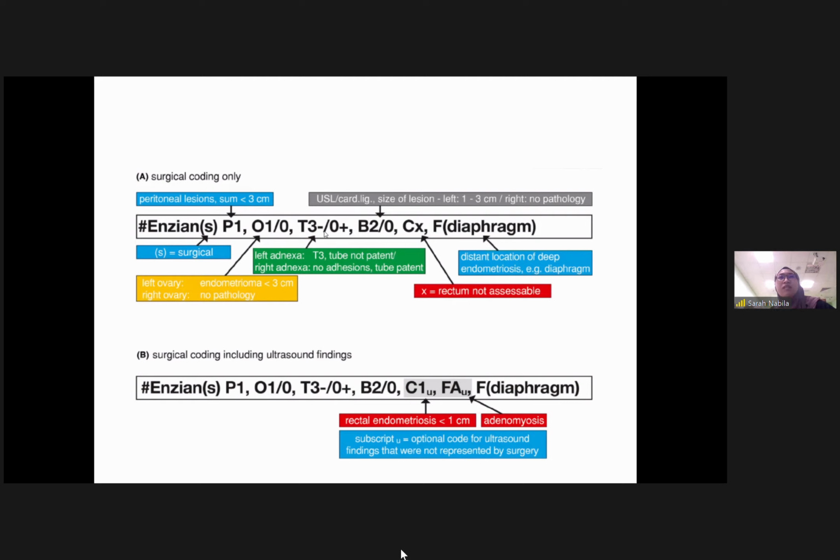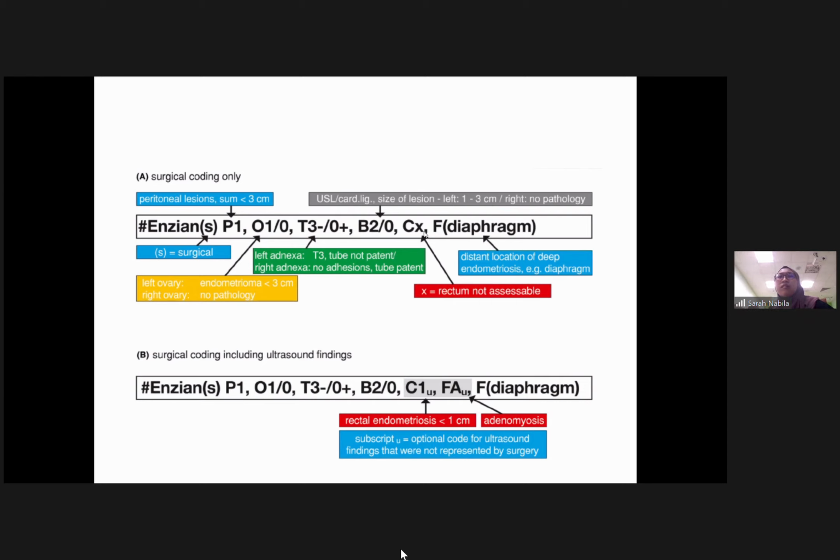And then T3 minus means there is tube pathology, where the extra criteria is mentioned. And the right side has no additions but tube pattern, so they put S+. B2 is the uterosacral ligament involvement with lesion size 1 to 3 centimeters, and the right side is 0, which means no pathology noted.